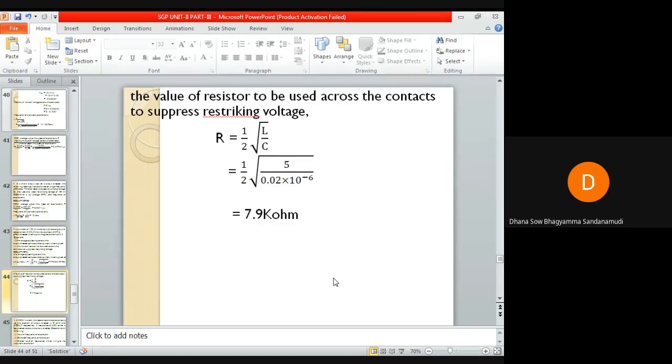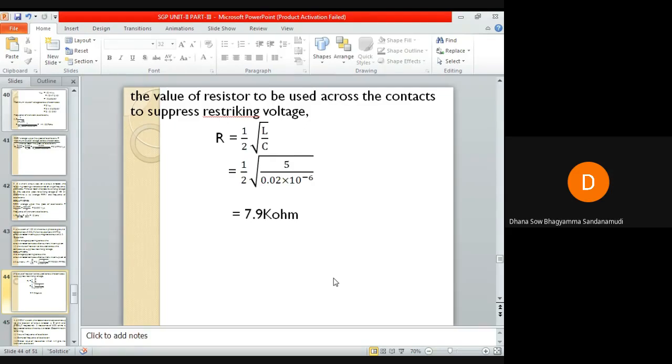Okay, so we have calculated the voltage that will appear across the circuit breaker contacts when the circuit breaker is interrupting low inductive currents. Now, the value of the resistance to be used across the contacts to suppress the restriking voltage. Resistance formula you already know. R is greater than or equal to 1 by 2 root L by C, if you remember.